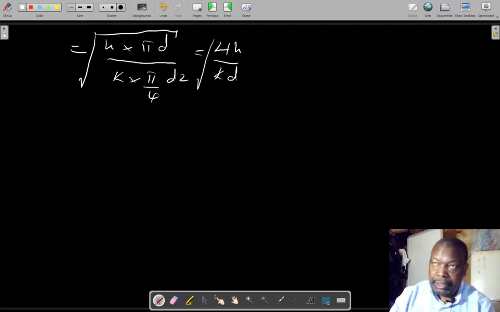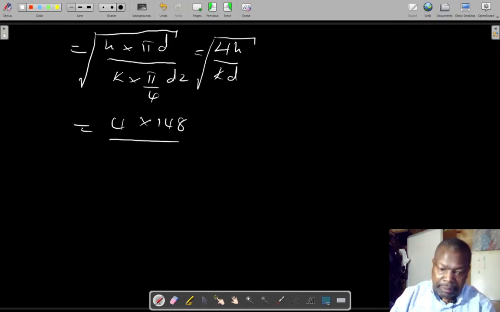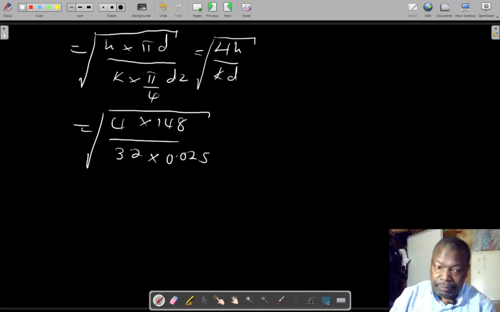So this is equals to square root of 4 by 148 divided by 32 times 0.025, which is equals to 8.6 per meter.